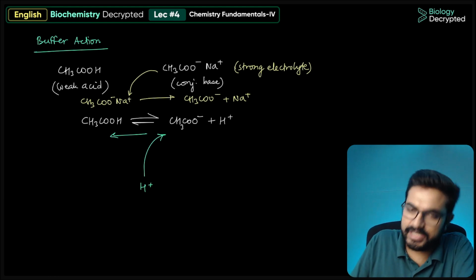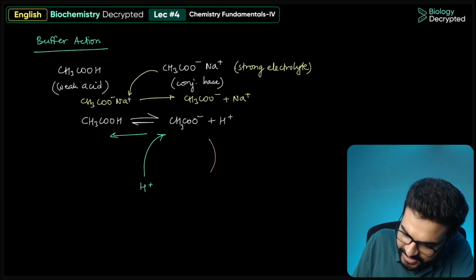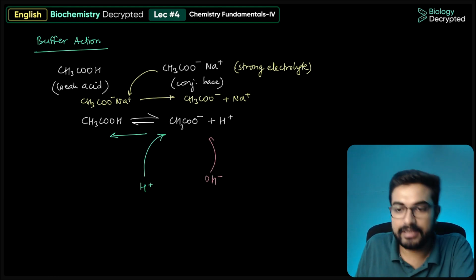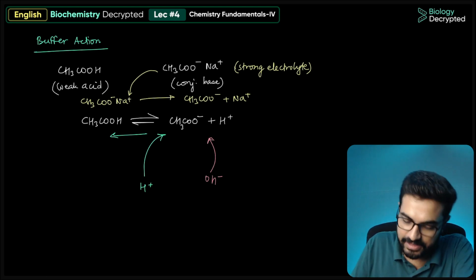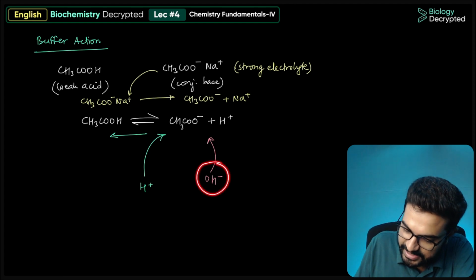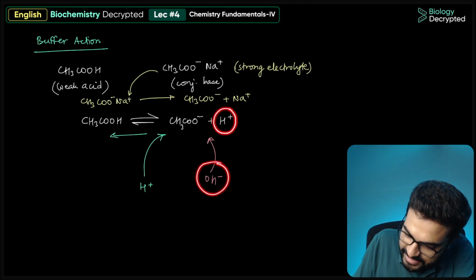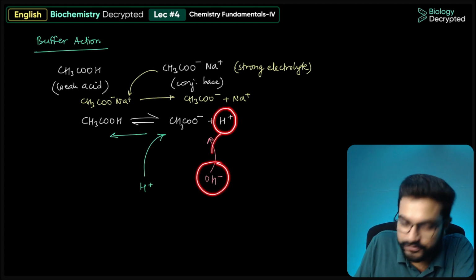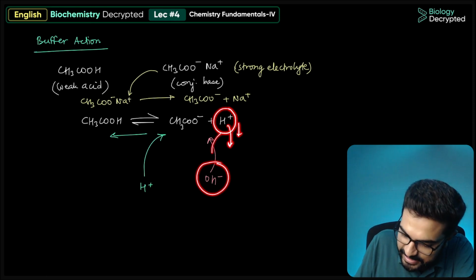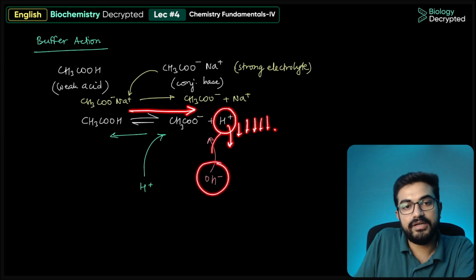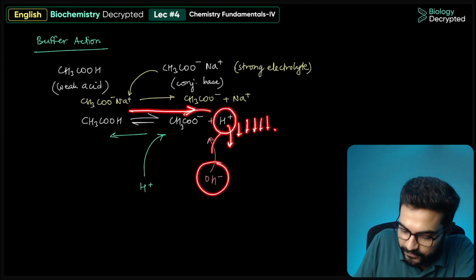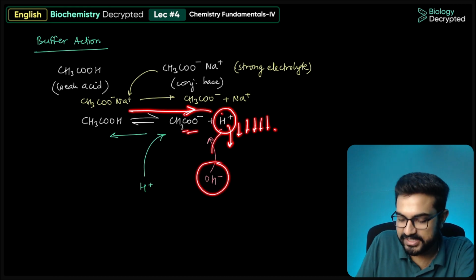Also, if you take an example of addition of OH minus ions, obviously if we are adding a base, the OH minus ion concentration will increase, and it combines with H plus ions, so water will get formed. This H plus will start decreasing. Since the H plus ion concentration is decreasing, the reaction will shift in a forward direction, and it will form more of CH3COO minus and more of H plus.